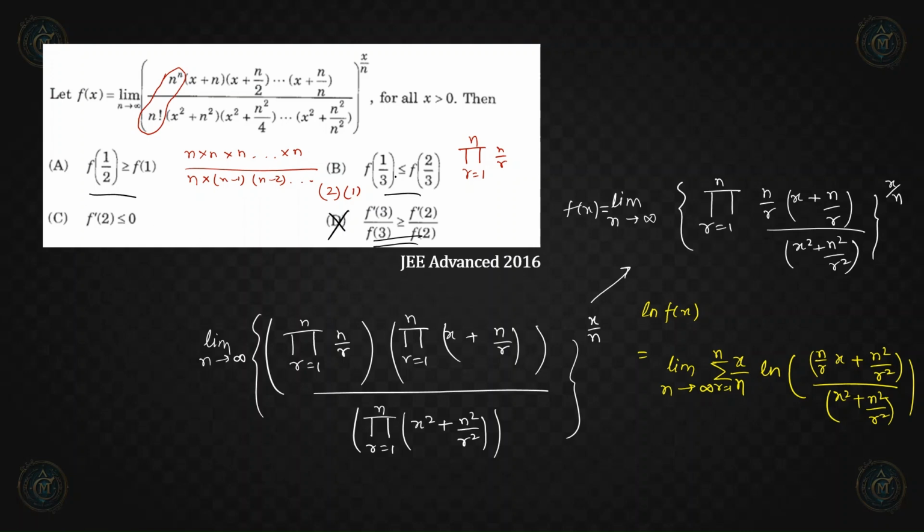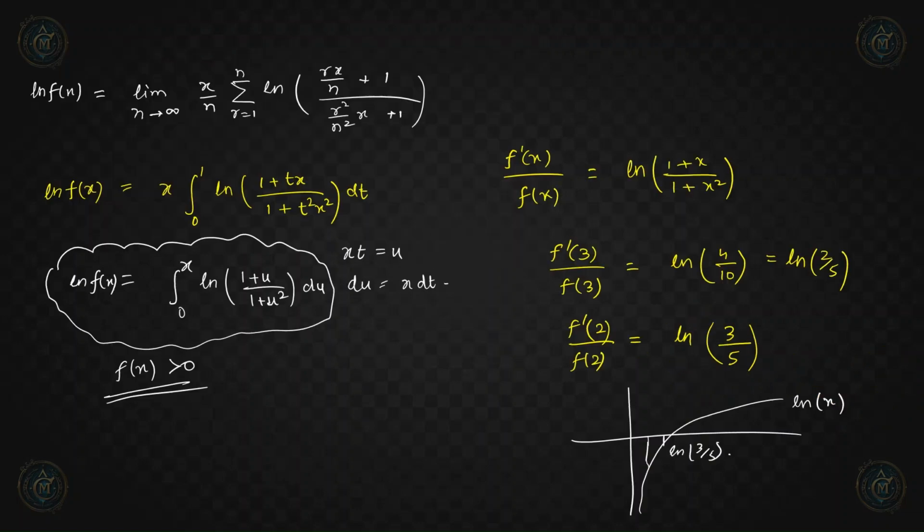Now we have to check option C, because A and B are of similar types and they require the nature of the fx function, but we don't have the fx function yet. We have log fx, so fx will be e to the power of this integral, but we cannot simplify this integral further.